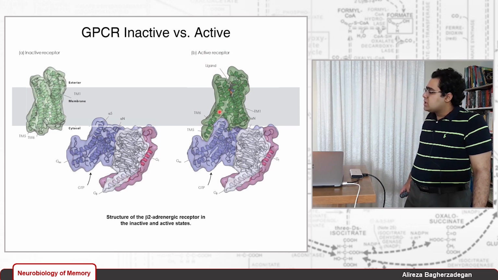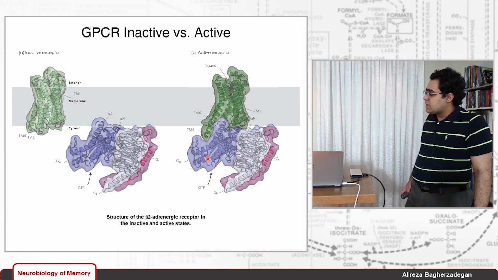You can see a conformation change happened, and this conformation change also activated the heterotrimeric G protein, particularly the alpha subunit, and now you can see that the GTP is going to bind to the alpha subunit and activate it.